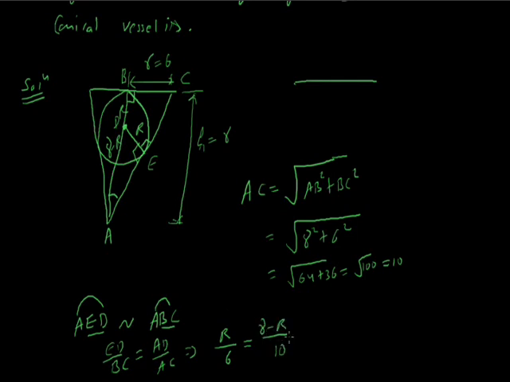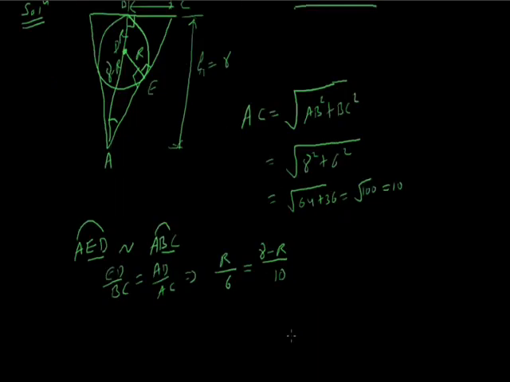The value of AC is 10. Now, as we solve this equation by cross multiplying, we get R is equals to 3.